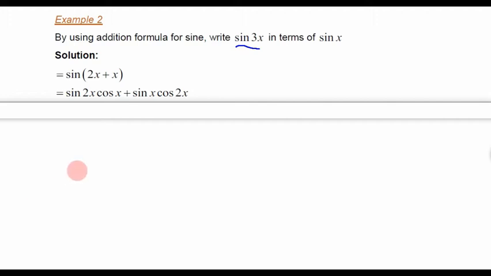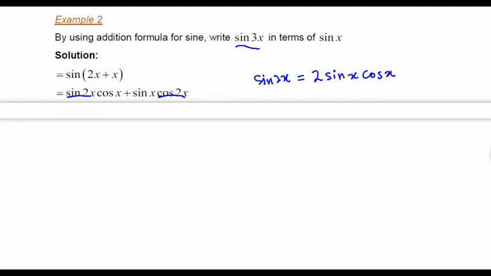As you can see, we have a double angle for sine 2x here and a double angle for cos 2x here. So we substitute in the formula for sine 2x, which is equal to 2 sine x cos x.